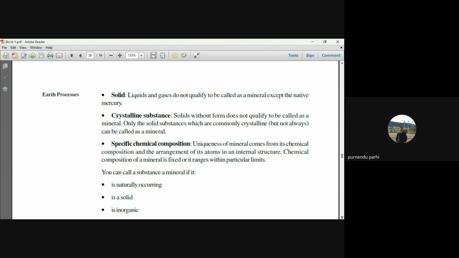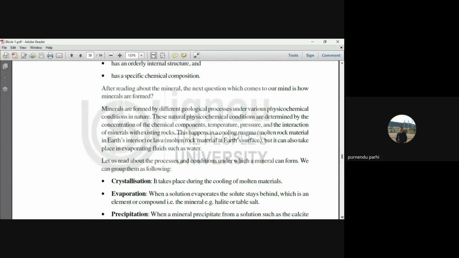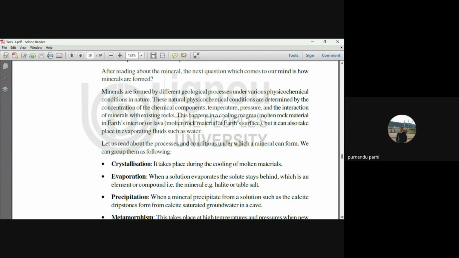Specific chemical composition. Uniqueness of a mineral comes from its chemical composition and the arrangement of its atoms in the internal structure. Chemical composition of a mineral is fixed or it ranges within a particular limit. Minerals are formed by different geological processes under various physiochemical conditions in nature.